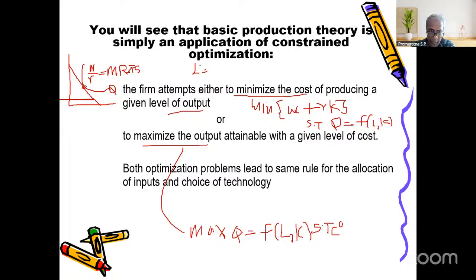So how do we get the marginal rate of technical substitution? We discussed those things, and we proved that it is a diminishing marginal rate of technical substitution. Also, we proved how to get it: the marginal product of labor divided by the marginal product of capital. That way you find the MRTS.